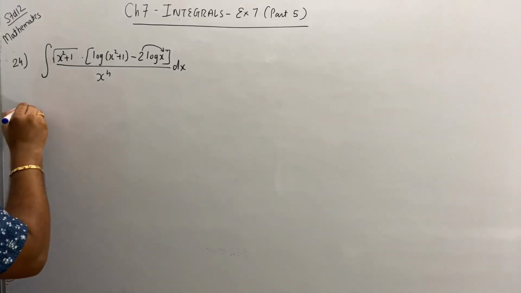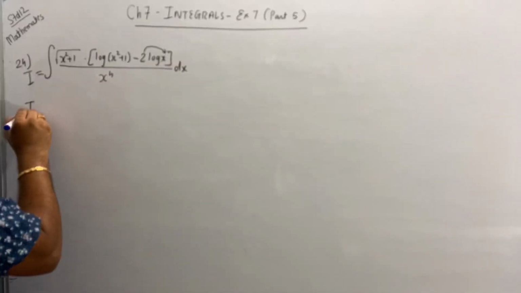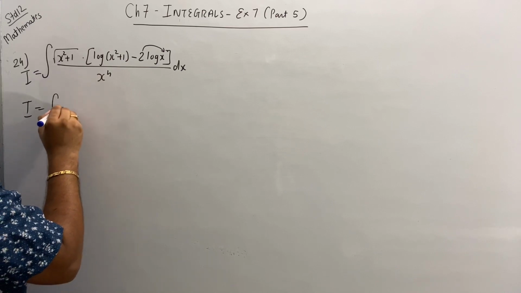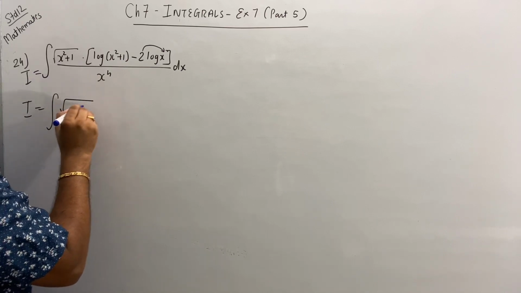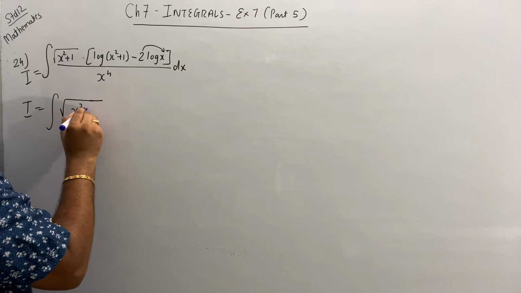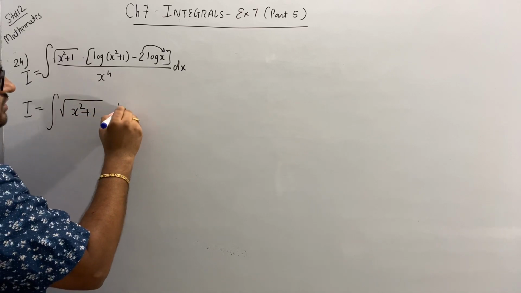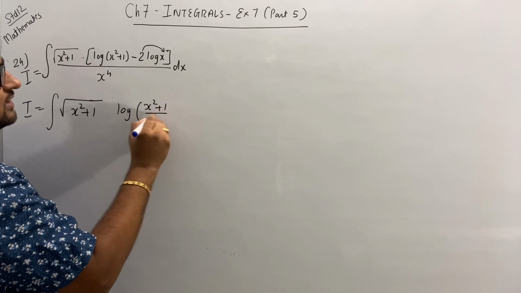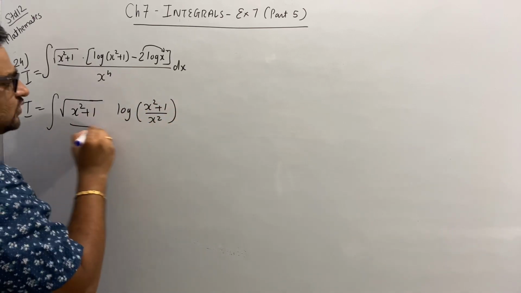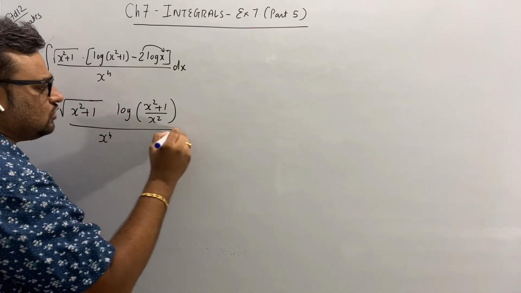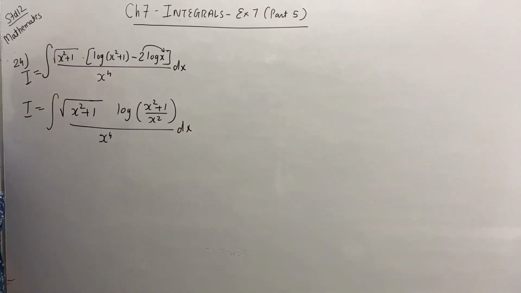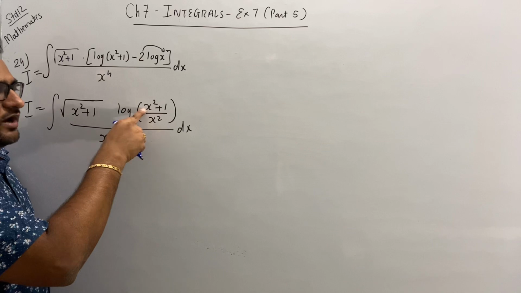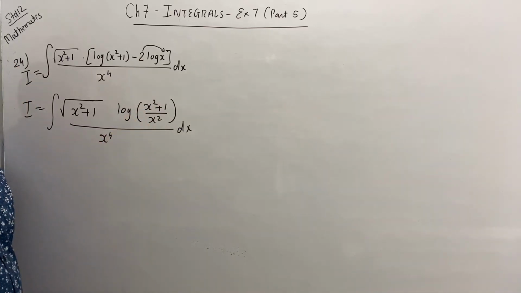Okay, so see here, I will be equal to integration of root of x square plus 1 log of x square plus 1 upon x square upon x raised to 4 dx. Right? So now we'll solve this. It will be 1 plus 1 by x square. Right?